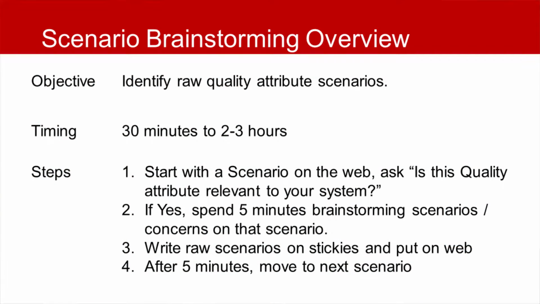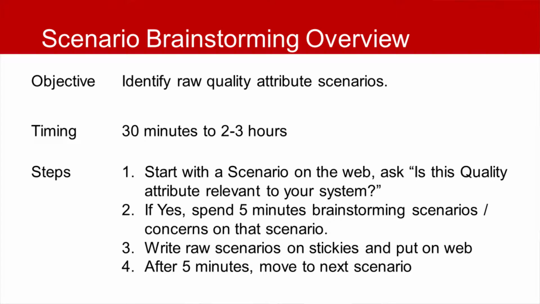In a typical mini-quality attributes workshop, we would actually go through a process that takes around 30 minutes to about 2 to 3 hours. The process goes as far as starting with a particular scenario on the web. You look at the quality attribute and ask, is this quality attribute relevant to your particular system?